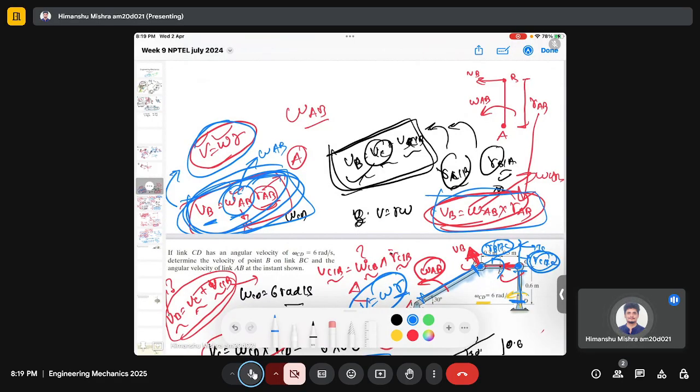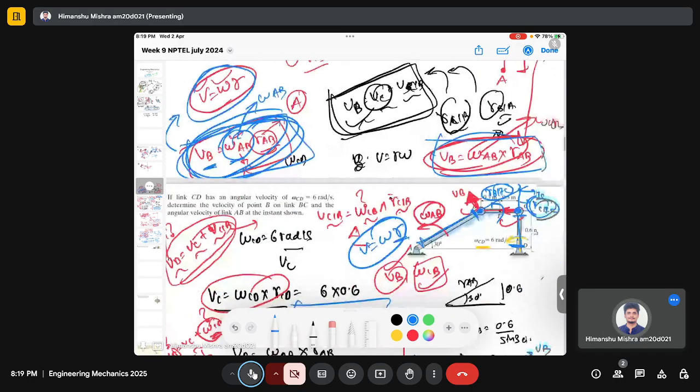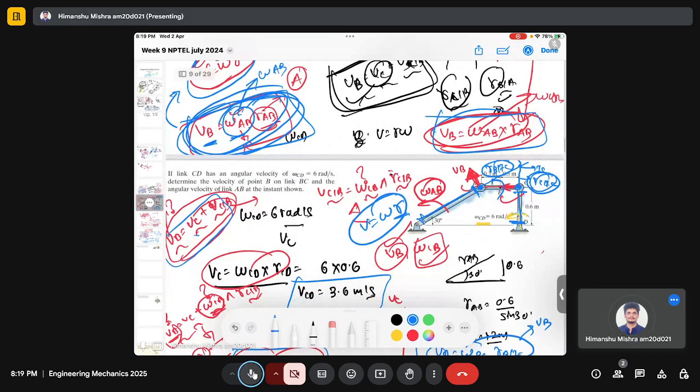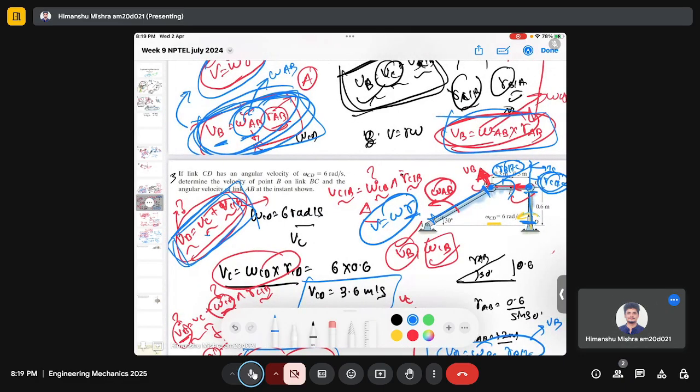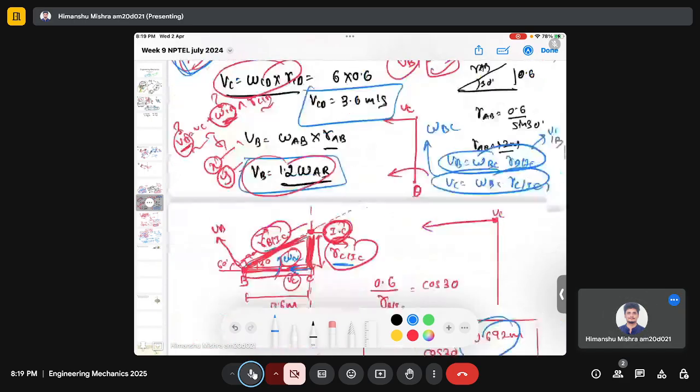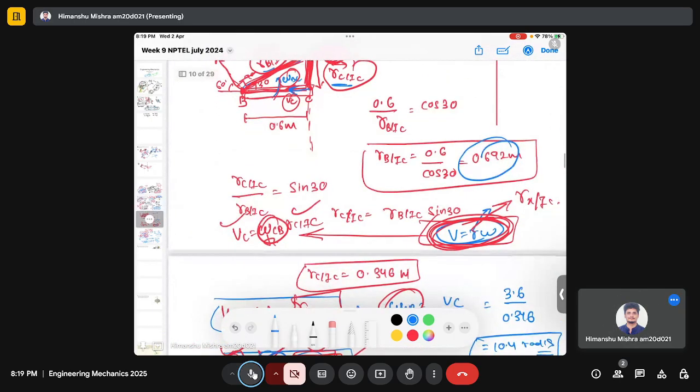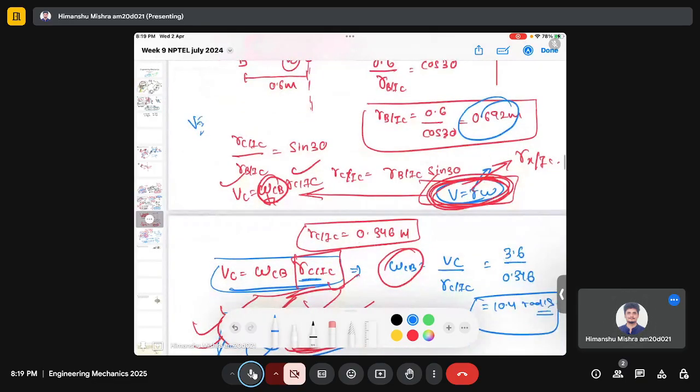So we just discussed this problem based on the instantaneous center method and also the method which does not belong to the instantaneous center method. There you need to use this relation, and you can solve by using this relation alone.